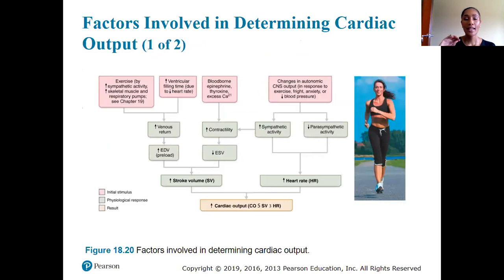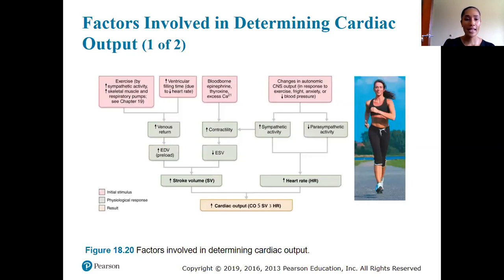If you were experiencing an adrenaline rush, that's going to increase your cardiac output because you're going to increase your heart rate, stroke volume, and so on. If we have changes in the autonomic nervous system, so let's say you're afraid or you're anxious or things like that, that all is going to work to increase potentially heart rate and increase stroke volume.